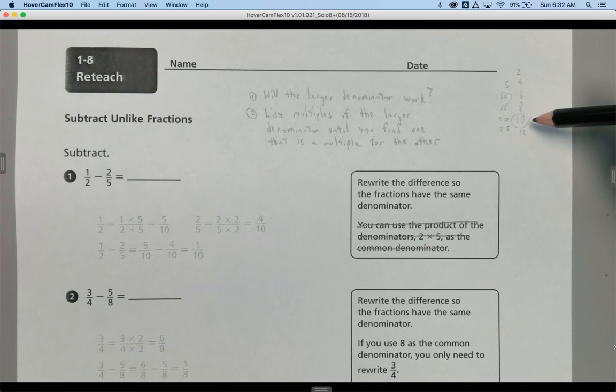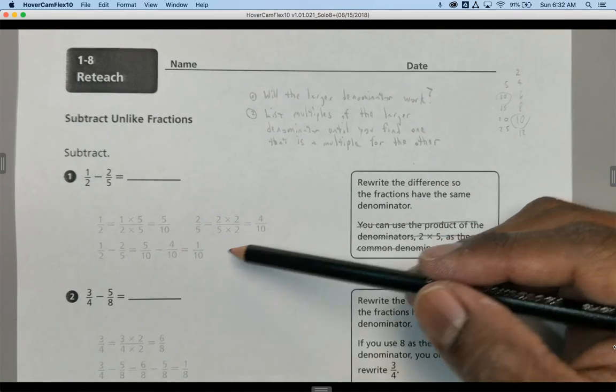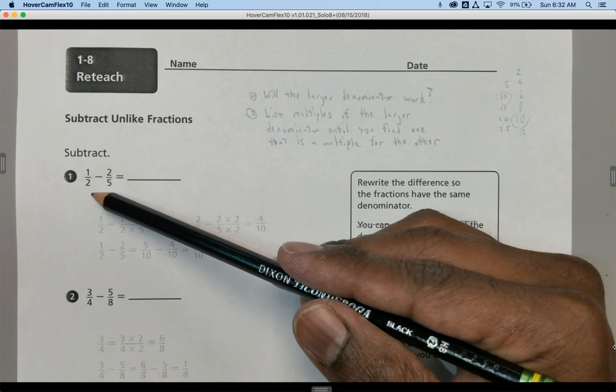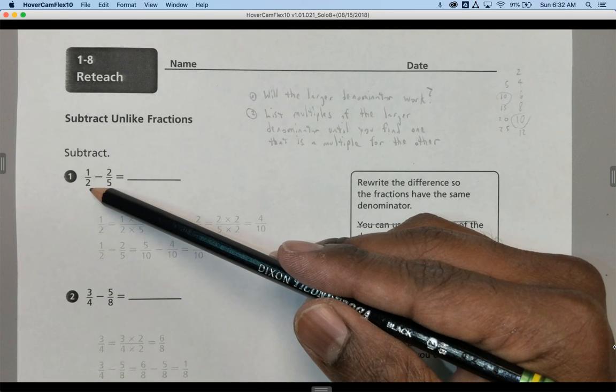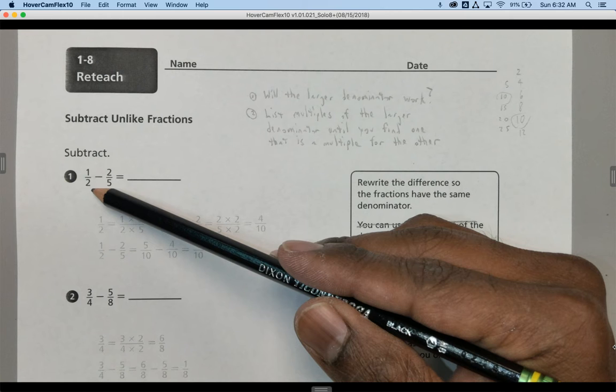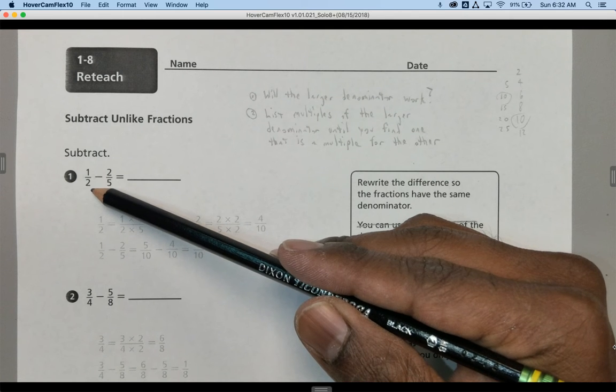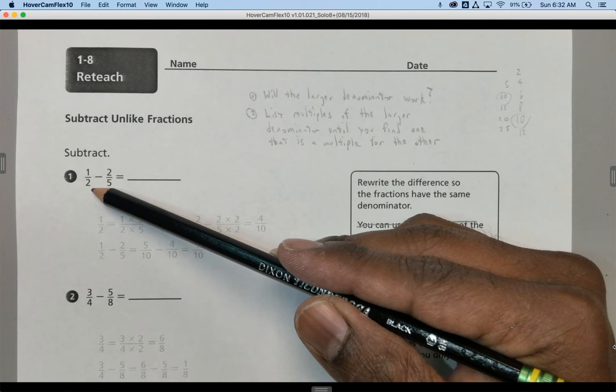And in this case, the next set of steps have already been worked out for us here. So let me talk you through them. First, we're going to look at the fraction on the left, 1/2, and we're going to ask ourselves, 1/2 is equal to what over 10? What we do to the bottom, we do to the top when we rewrite fractions as equivalent fractions.